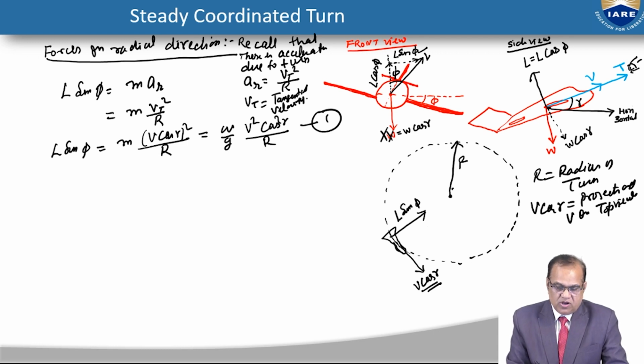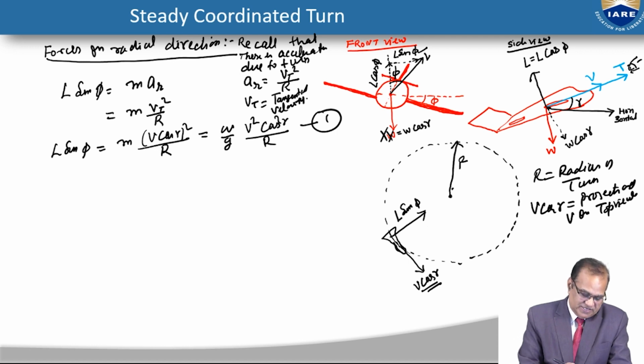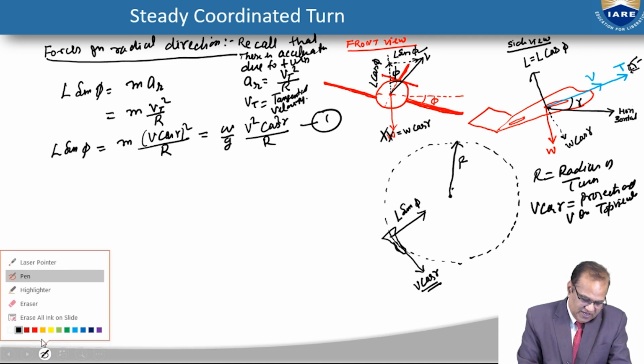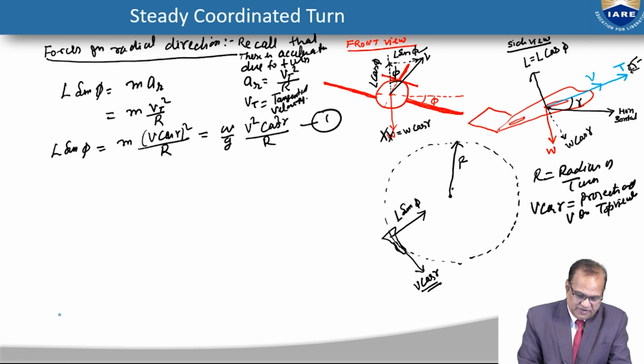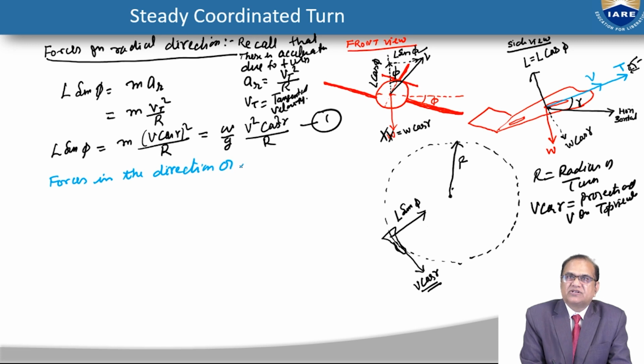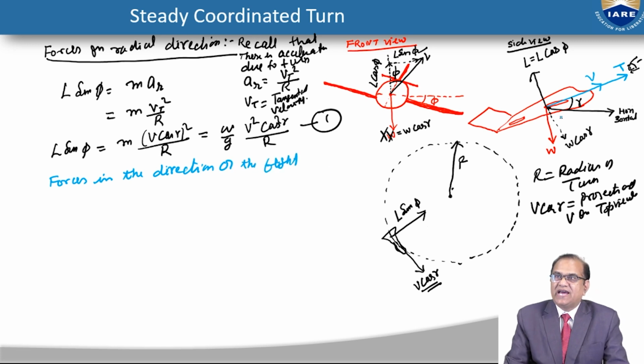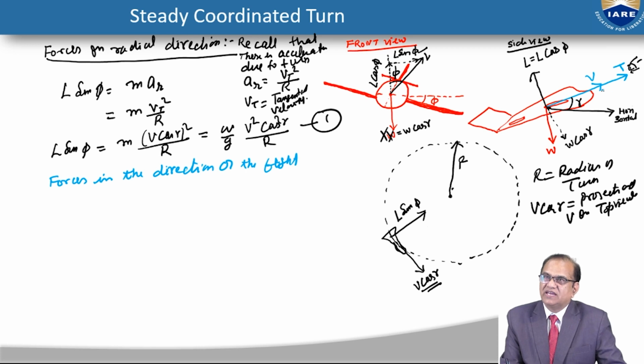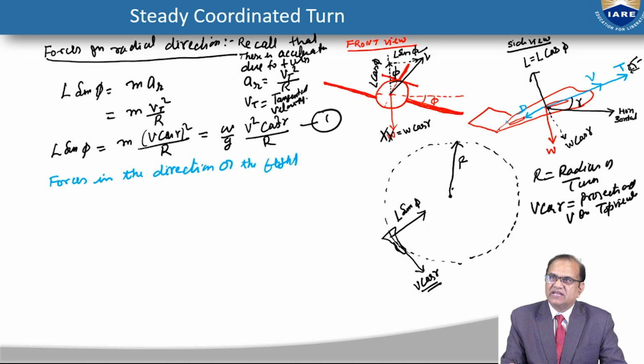Now forces in the direction of the flight. I will change the color, I will change to some blue color. Forces in the direction of the flight. So in the direction of flight means V. In this direction, here we have the drag. I have not mentioned it; this is the drag here.